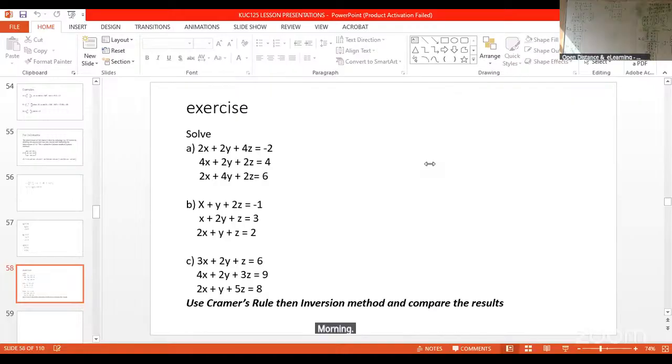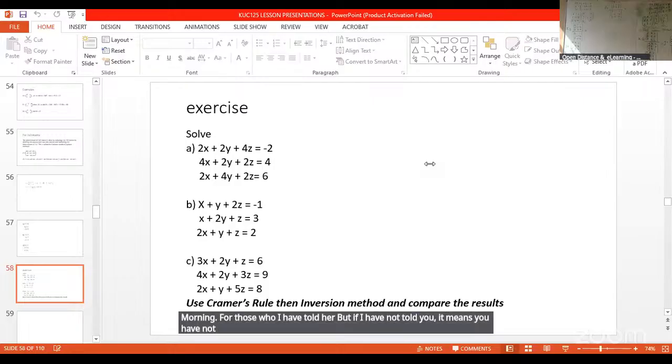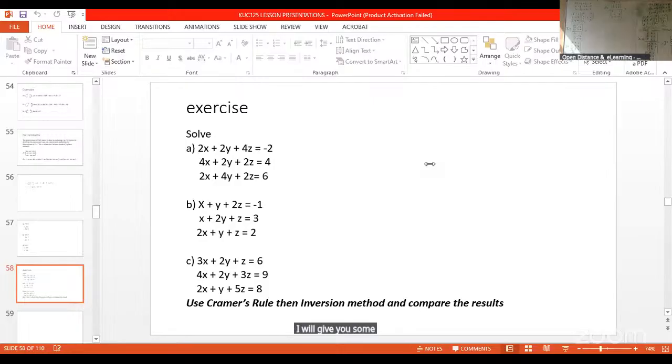Thank you. For those who I have told I will give. But if I have not told you, it means you have not convinced me. You just miss doing the exam, you do your own things and then you come here saying the notice was 5 p.m. You come and produce that notice, because I also have the notice.